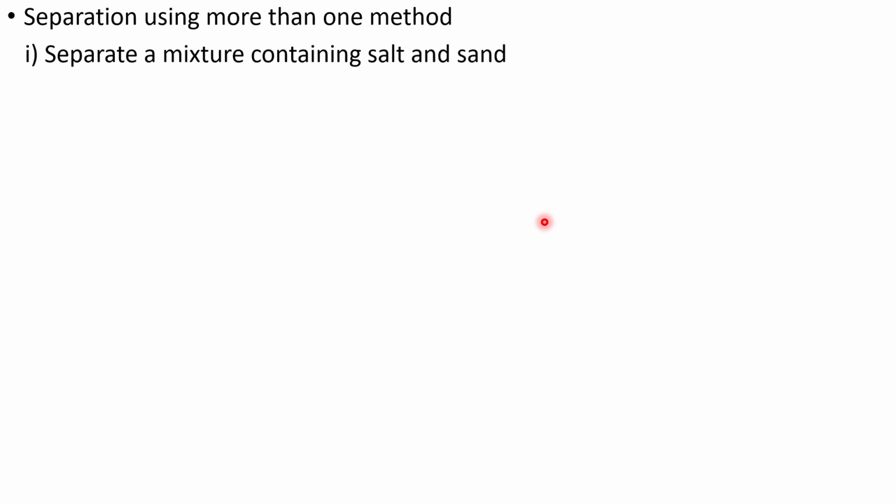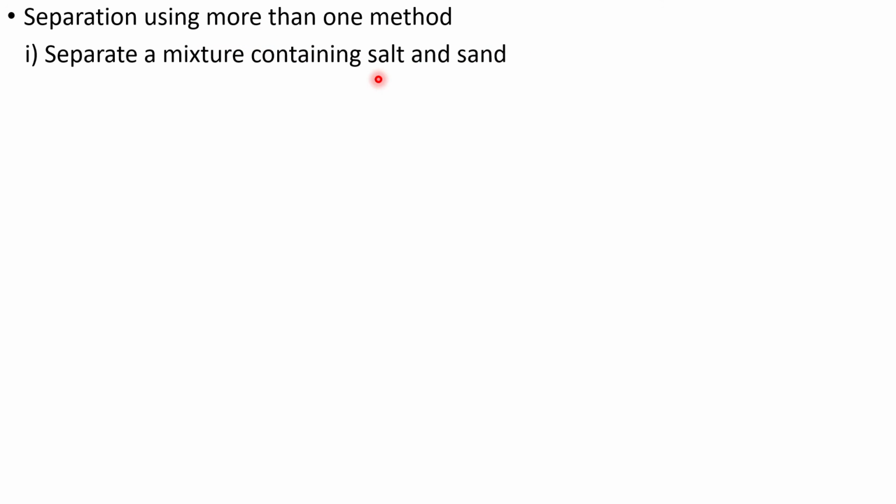Now, separation using more than one method. For example, separate a mixture containing salt and sand. If you want to separate this mixture, you would require more than one method.